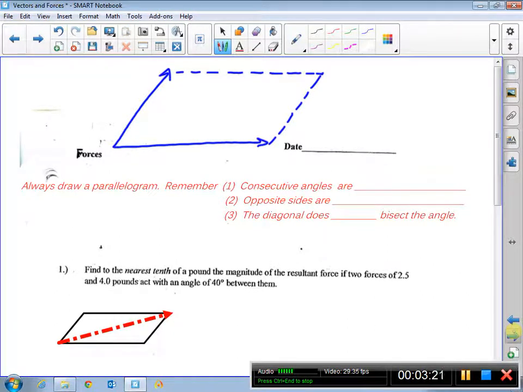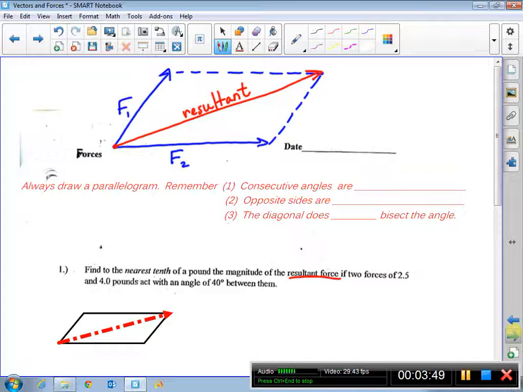And then the resultant, when they talk about the resultant force, you'll see that in a bunch of problems. We're going to start here and draw the long diagonal in our parallelogram. So let's label some things. This is our resultant, which is really just the sum of these two forces. I'll call this force 1, and I'll call this force 2.